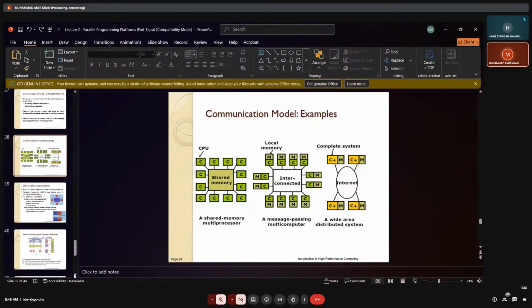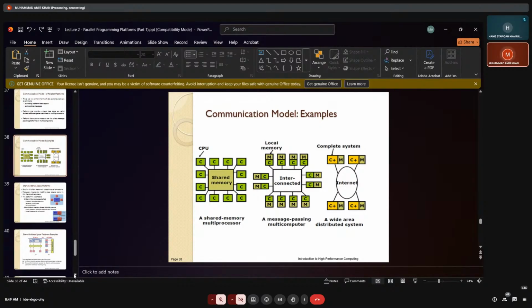You can see a shared memory multiprocessor: we have CPUs all sharing the memory. Number two is the message passing multicomputer. We have local memory with each computer and CPU, and all are interconnected.